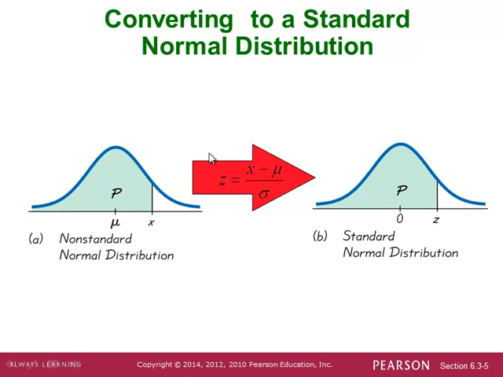So when you take a non-standard normal distribution and convert each observation x, you actually convert over to the standard normal distribution. Both of these distributions have the same shape. They just have a different mean and a different standard deviation. You're just rescaling it and recentering it.